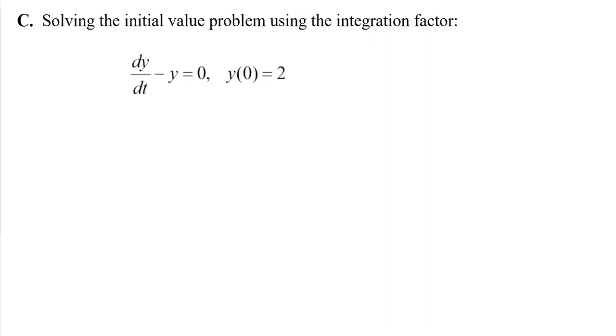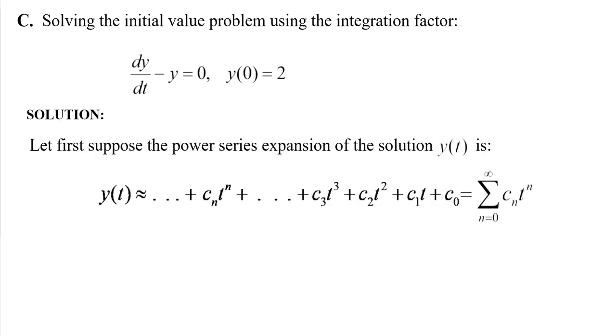So this is the problem given, the initial value problem, as we've seen before. And then, like we said, when we use power series solution, we first suppose that the solution has a power series expansion, which is written this way: c0 plus c1 t plus c2 t squared plus c3 t cubed, and so on, which we can write in a compact way using a single summation sign.